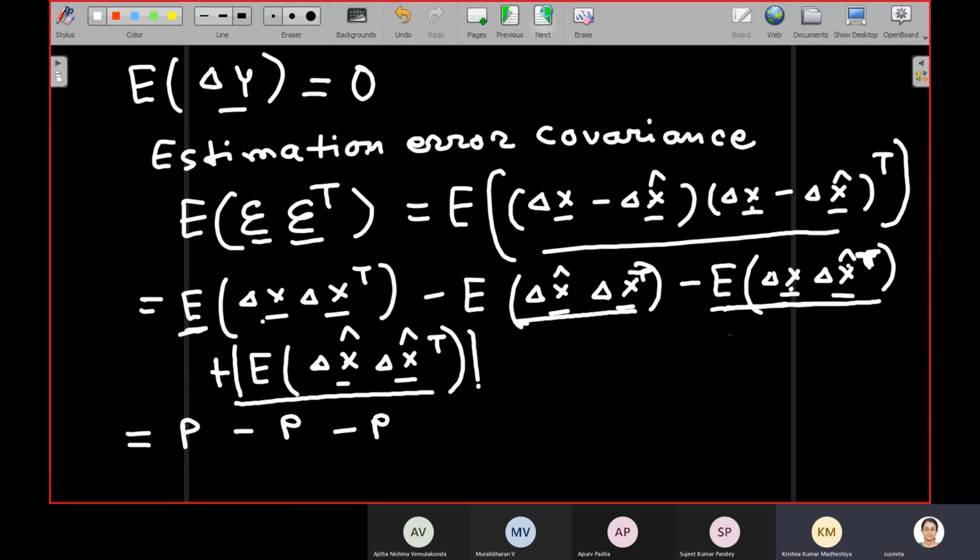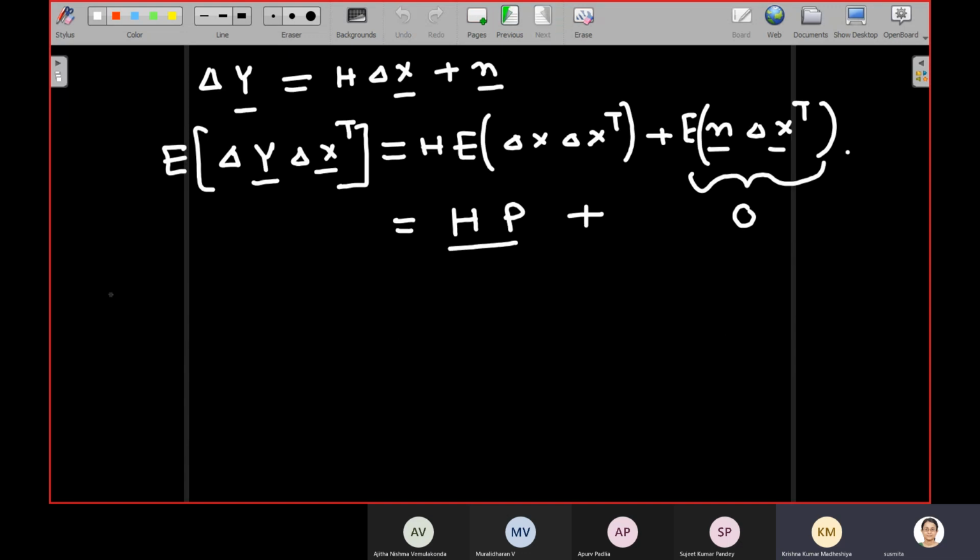What is the last one? Here we have expectation of delta x hat, delta x hat transpose. We have to use the expression of delta x hat.